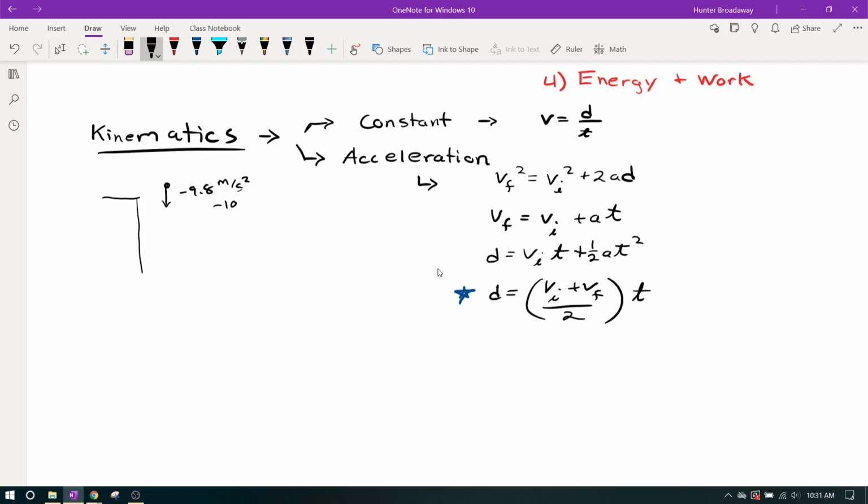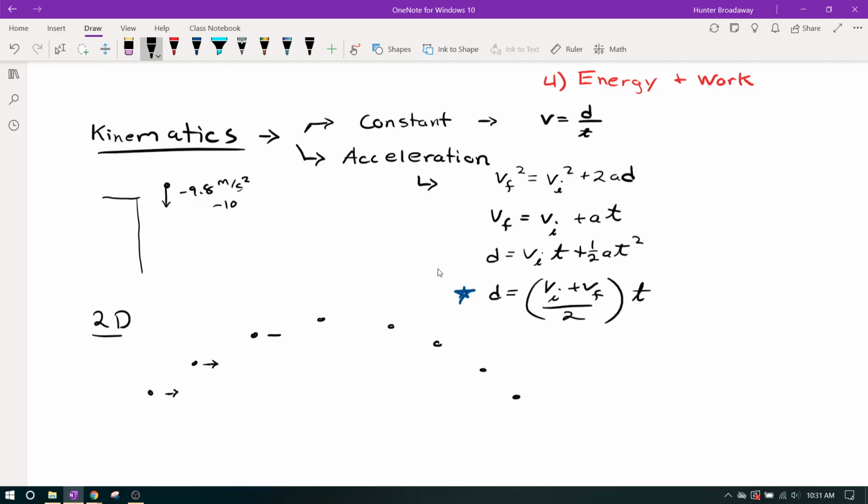There's also the concept of two-dimensional motion. So there's one-dimensional motion and there's two-dimensional motion. Whenever you take an object and throw it in the air, the x direction is constant.